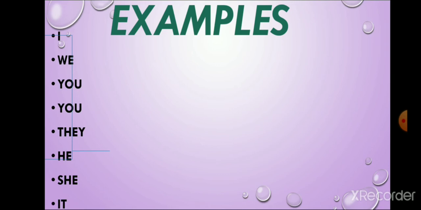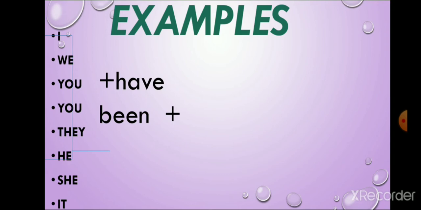All these subjects we are going to use in the sentences in this table. After subjects I, we, you and they, we should use have been. And after he, she, it, we use has been.